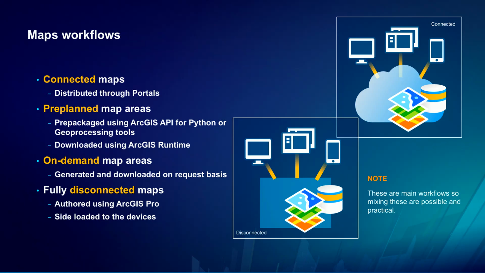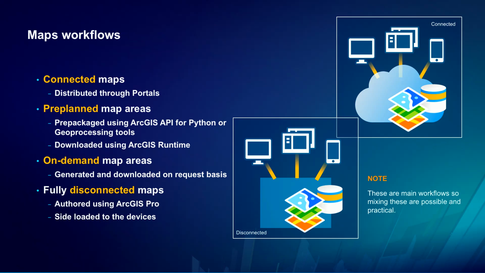Now, the workflows that support working with offline, we kind of break those down into two categories. We talk about our services-based workflows, and those are the middle two we see on the list, the pre-planned and the on-demand, and then our fully disconnected state.